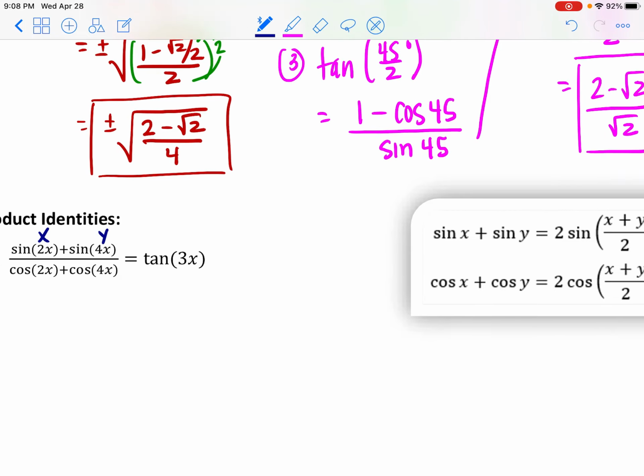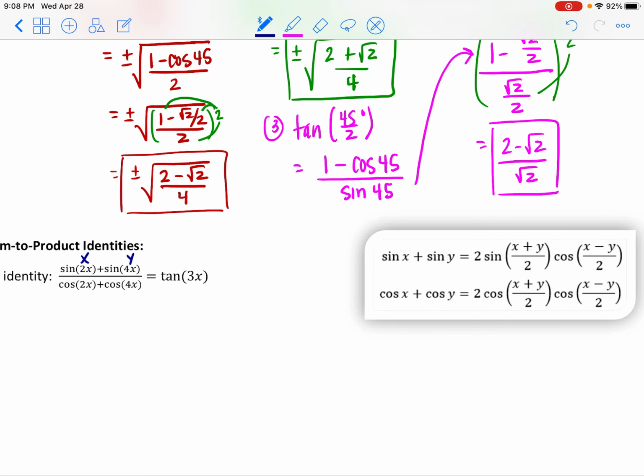So it says here to start with 2 times the sine of x plus y. Well, if I add the 2x and the 4x, I get 6x, and it says to divide that by 2. And then we're going to multiply by the cosine of x minus y. So x minus y is 2x minus 4x, which would be a negative 2x, and that gets divided by 2.